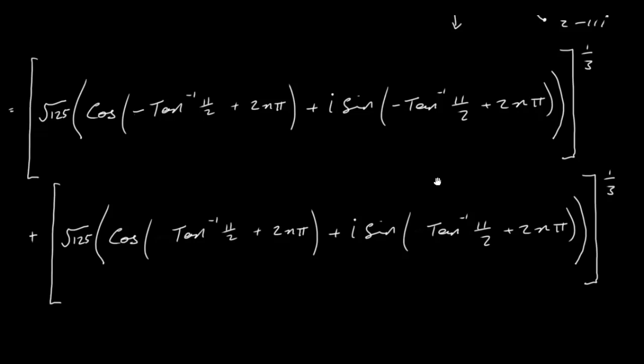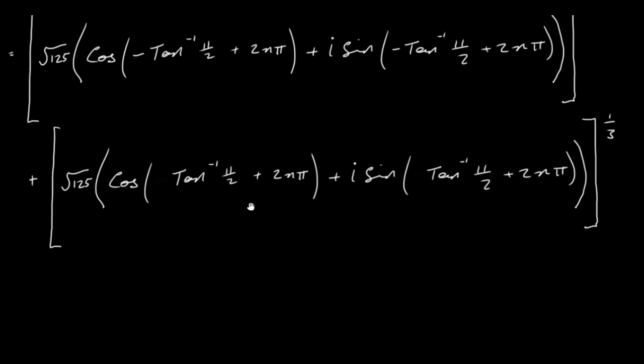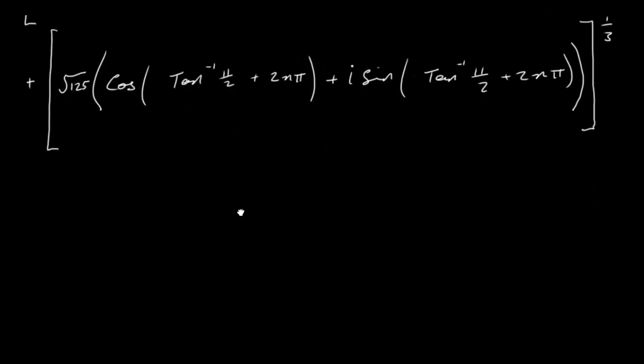Now with De Moivre's theorem, what we can do is take this 1/3, bring it down, get the cubed root of this square root of 125, and then we've got to get 1/3 of the angle here as well. So let's do that. The cubed root of the square root of 125 is just the square root of 5.